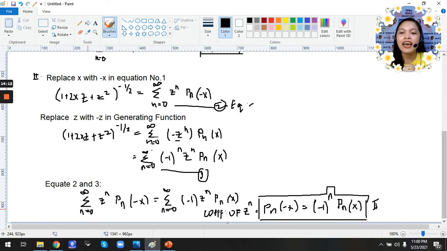The summation from n equals 0 to infinity of z to the power of n times P sub n of negative x is equal to the summation of negative 1 to the power of n, z to the power of n, P sub n of x, whereas we have the coefficient of z to the power of n, which is P sub n of negative x, equal to negative 1 to the power of n times P sub n of x.